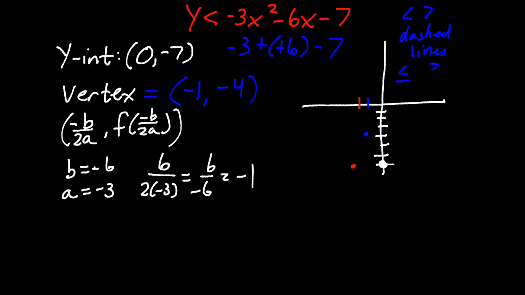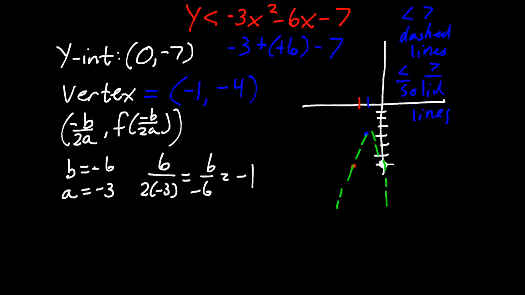Less than or equal to, greater than or equal to, get solid lines. So since I have less than, I'm going to have to make a dashed line connecting to make my parabola.